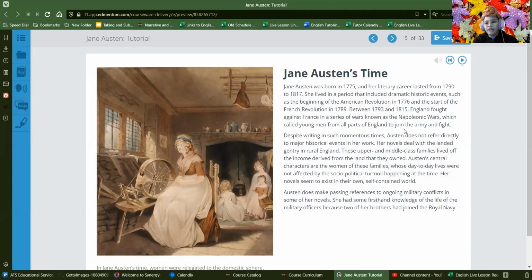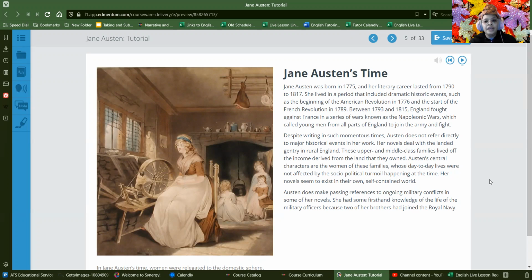Really, their day-to-day lives weren't affected by all of the things happening outside of the country. They didn't have to fight. They weren't really involved in politics at the time because women were not allowed to at that time. So her books often give the impression that these women kind of existed in their own world, and that's because they're so far removed from everything else that was going on in the world at the time.